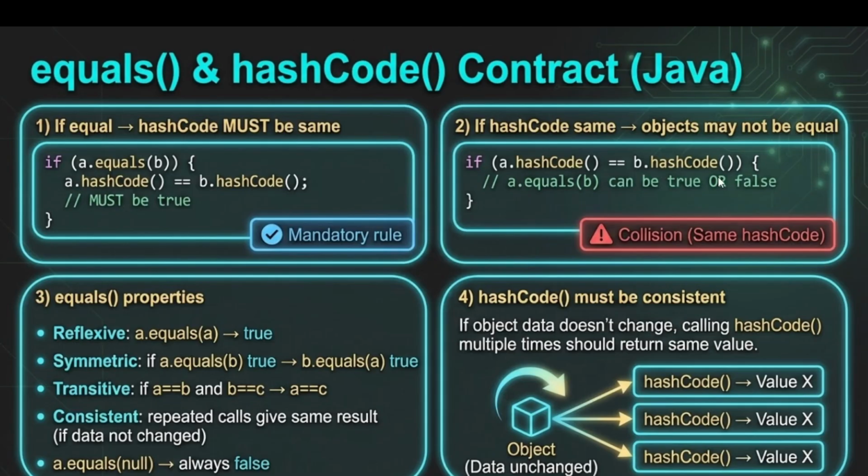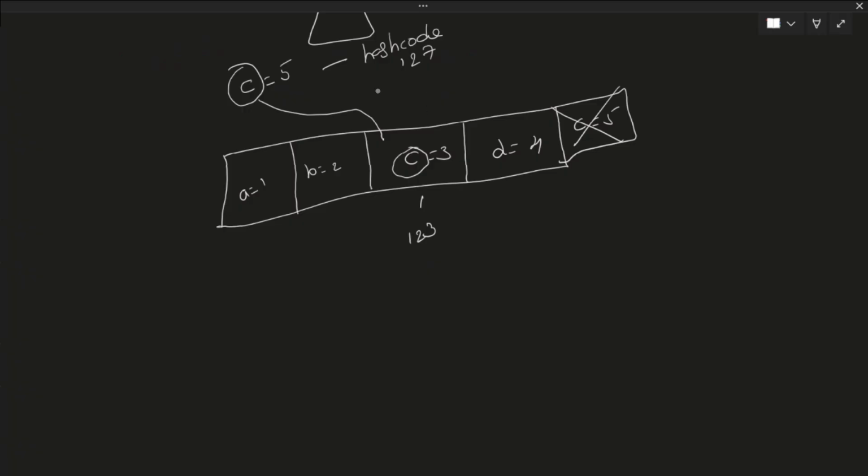The same way, if the hash code is the same, objects may not be equal, we'll see. So I am sending D equal to 5. Now I got 123, the same hash code of 123. Will it replace this value with D equal to 5?